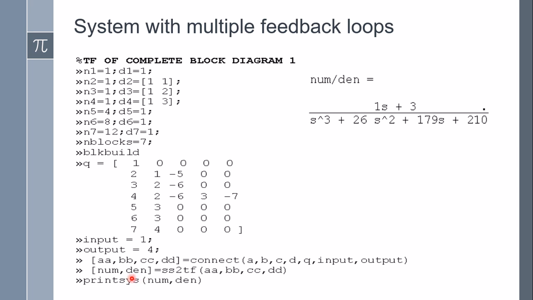The output will be the numerator and the denominator, which is nothing but the transfer function of the system. Once this command is executed, it will give the ratio of numerator by denominator, which is equal to the transfer function of the system.